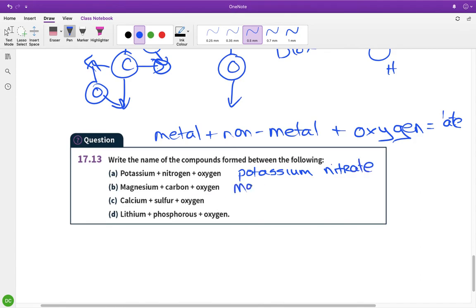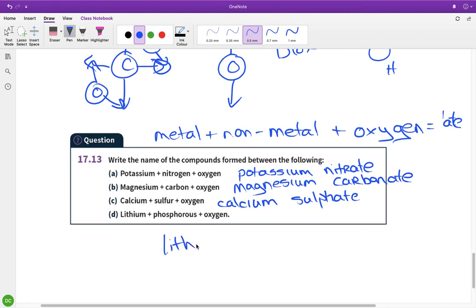This one is magnesium carbonate. This one is, what is it with calcium? So calcium sulfate. You do that with a ph or an f. And this one is lithium phosphate. Alright, and that is the homework.